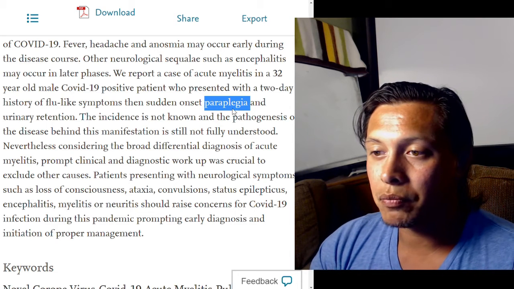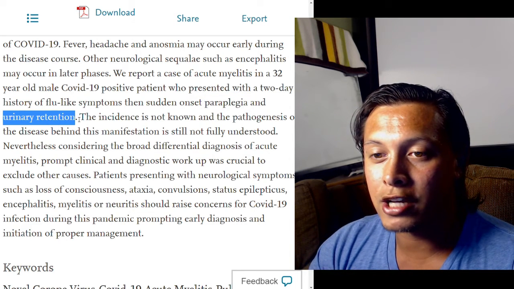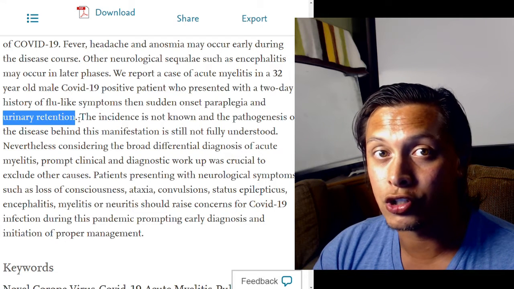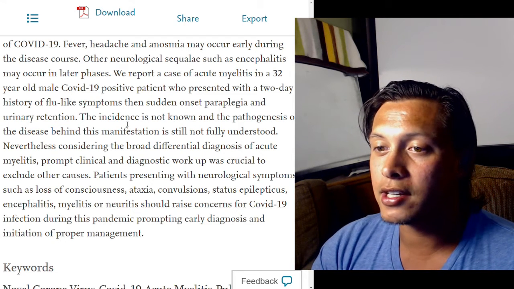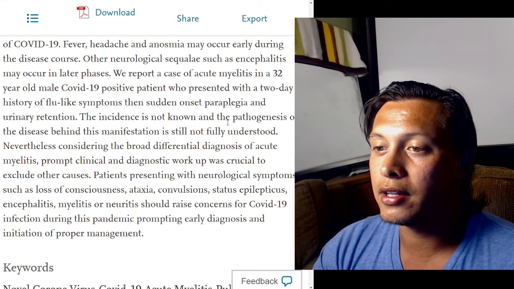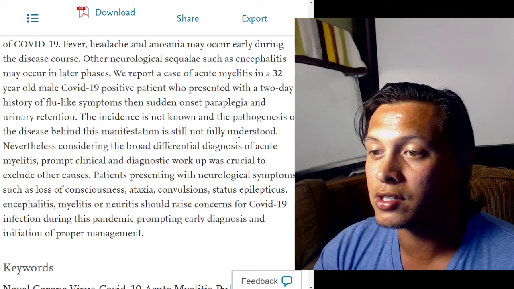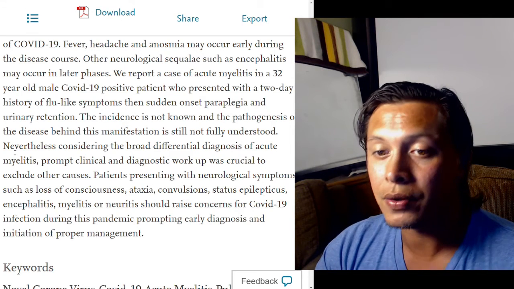Anyways, continuing, and urinary retention. So this is when you basically can't empty your bladder the way you should. The incidence is not known, and the pathogenesis of the disease behind this manifestation is still not fully understood.